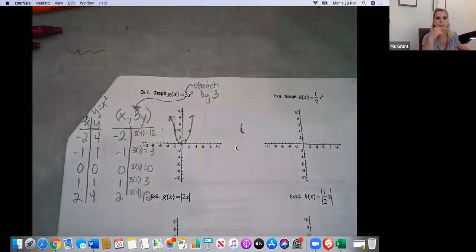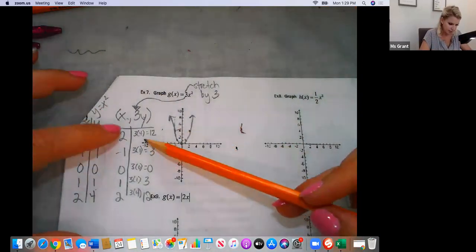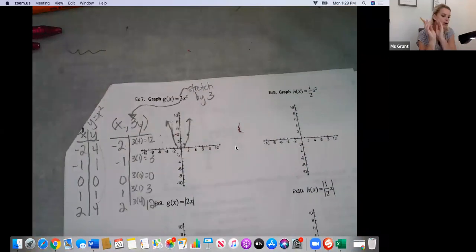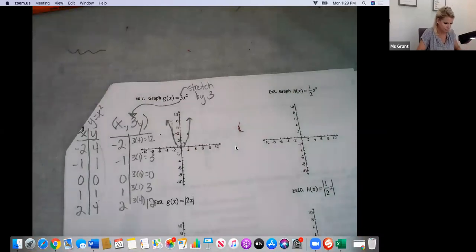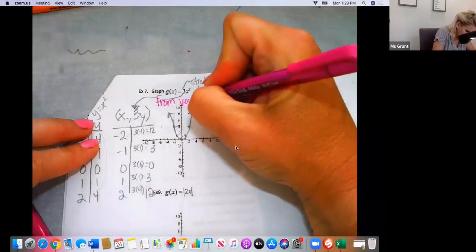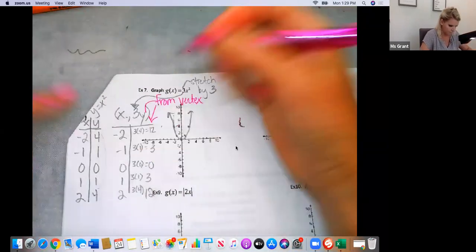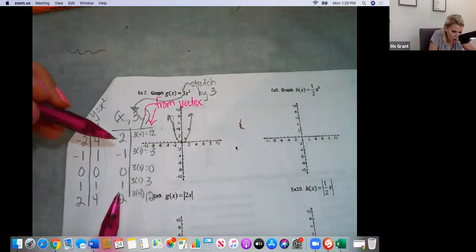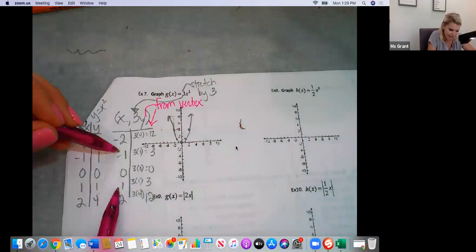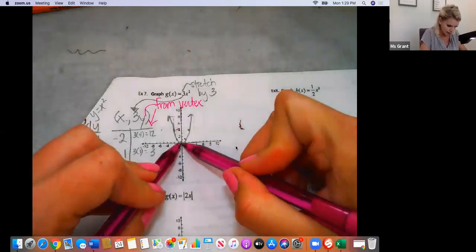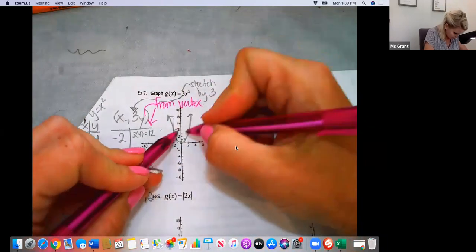So now, this 3, remember a 3 makes my graph skinnier, narrower. Check this out. From the vertex, my vertex is still 0, 0. I didn't have any transformation, but I'm going to go 1 in either direction and then up 3.